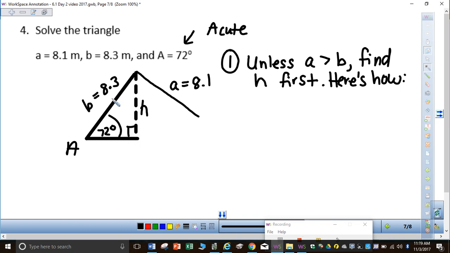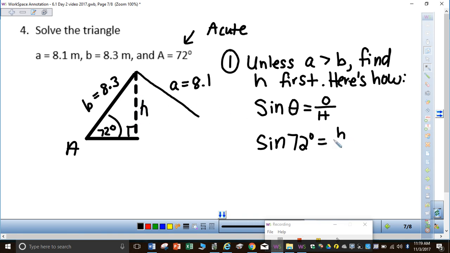So this is a right triangle. Since it's a right triangle, we can use SOHCAHTOA. So we know that sine of any angle theta is equal to opposite over hypotenuse. So we're going to do the sine of this angle, sine of 72 degrees equals opposite, which is the height, over the hypotenuse, which is 8.3.